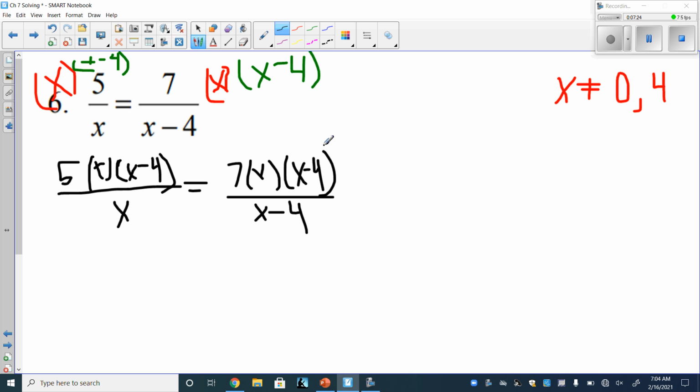I'm just going to go on and rewrite it out. We don't have to rewrite it out, but it's something we can do here.